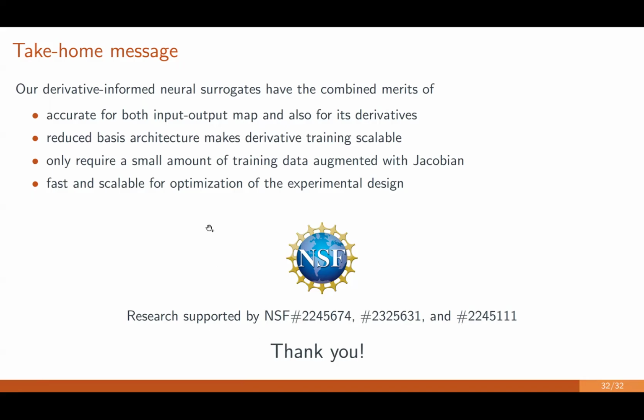As you can see from the plots, we use a relatively small number of training data to achieve high accuracy compared to if we do not use the derivative training, right? And so with the neural network approximation, we can evaluate the EIG and solve the experimental design problem in a fast and scalable way. And that's about it.